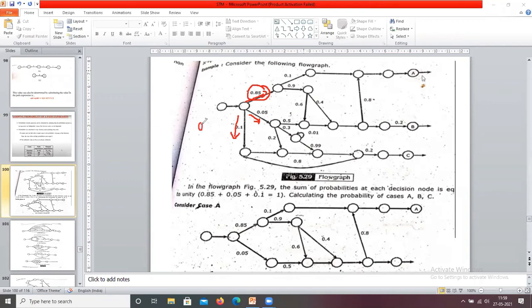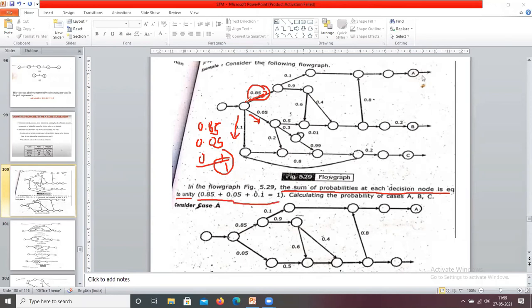If you see, 0.85, 0.05 and 0.1 sum to 1. In the flow graph, the sum of probabilities of each decision node is equal to unity, that equals 1.